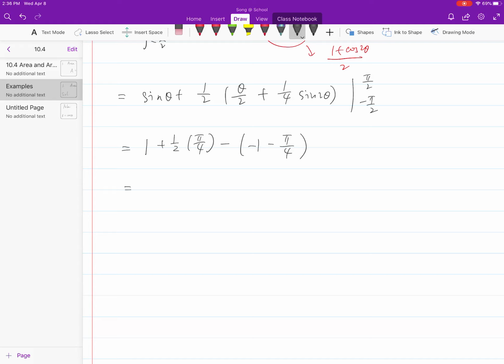So that's what I got, which gives me 2 plus pi over 4. Something is funky. That's why.